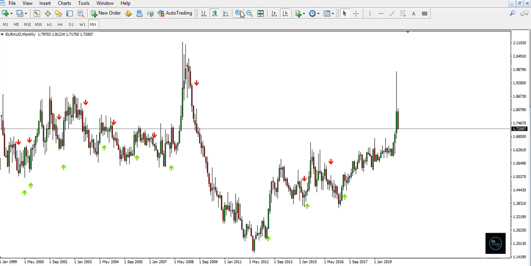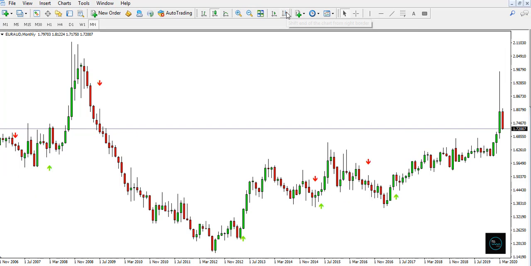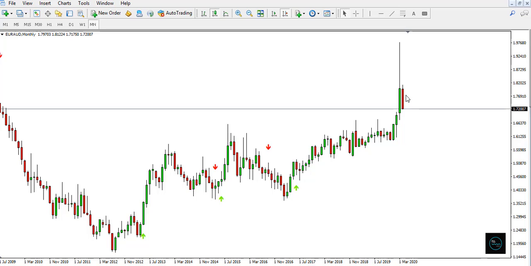Now the most current candle you can see is bearish. We had a prolonged bullish run here, and after a protracted run like this, the market tends to go back from where it came sharply, and that's what's happening here. But that doesn't negate the fact that we are in an uptrend.